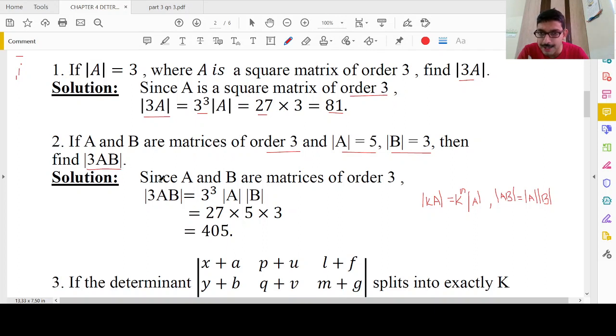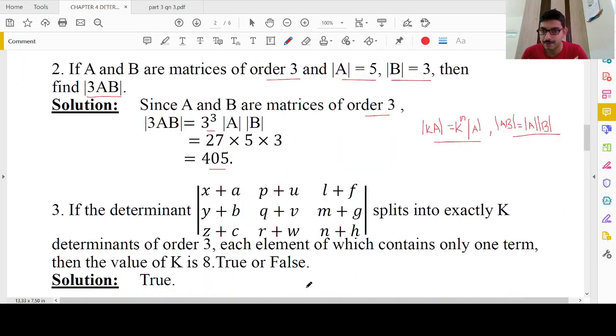So using the same property, since A and B are matrices of order 3 and determinant of kA equal to k to the power n determinant of A if A is a square matrix of order n, here it is order 3, so 3 cube will come out, and determinant of AB equal to determinant of A into determinant of B. So using these two properties, we can write this as 3 cube into determinant of A into determinant of B. The values of determinant of A and determinant of B are already given. So it will come as 27 into 5 into 3. So the answer is 405.